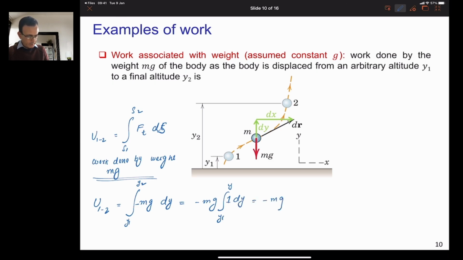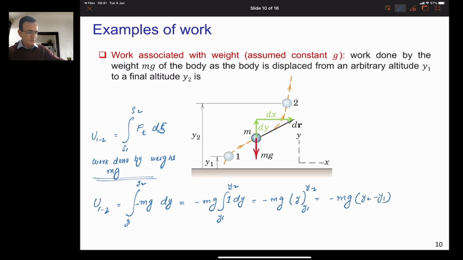So if you just do the integration of 1 with respect to y, it is just y here, evaluated from y1 to y2. So minus mg, and then it will become y2 minus y1.